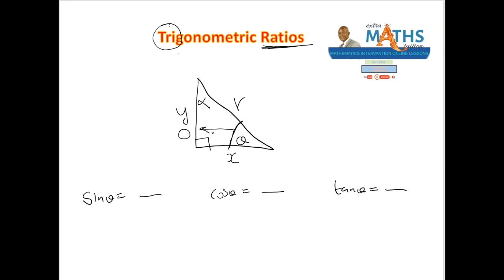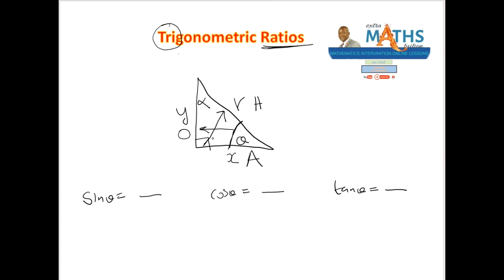Again, this r is opposite to 90. We don't call that an opposite side. We say it's the hypotenuse side because it's our longest side. The last side that we have to talk of is our x side, which is our adjacent side. That is the side which is underneath it.